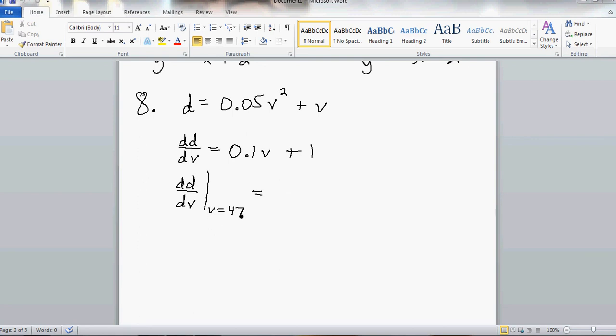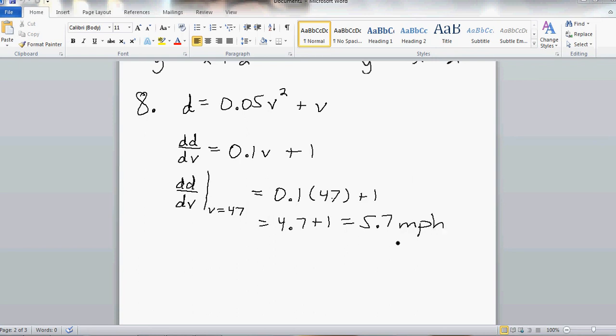Which is why I put that down on the bottom when I had y prime. So now it's just a matter of 0.1 times 47 plus 1, which equals 4.7 plus 1, which equals 5.7. And this is 5.7 miles per hour.